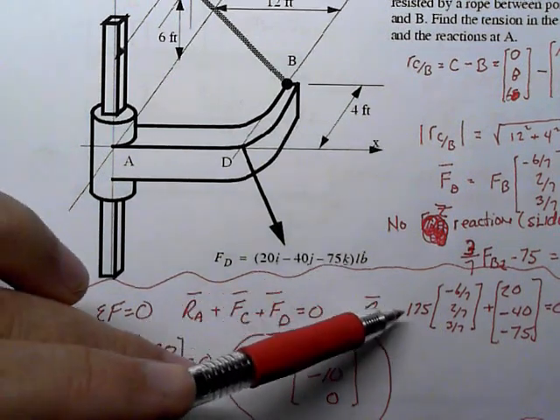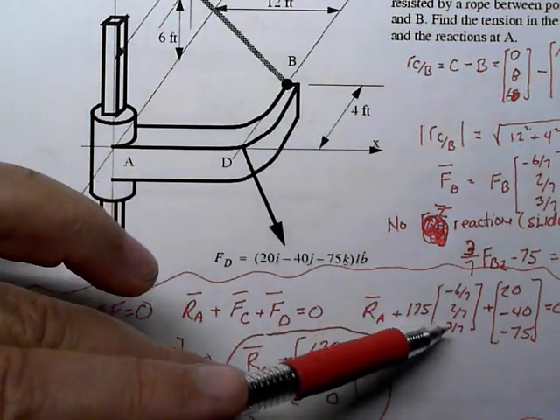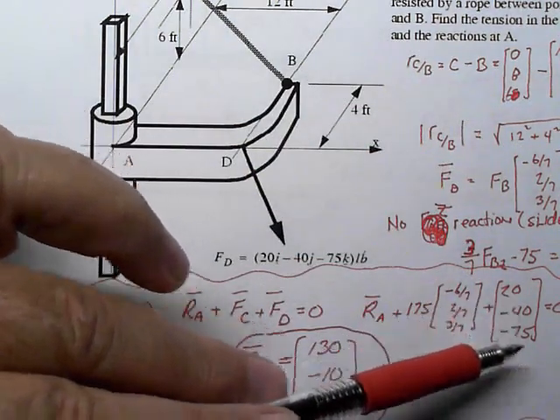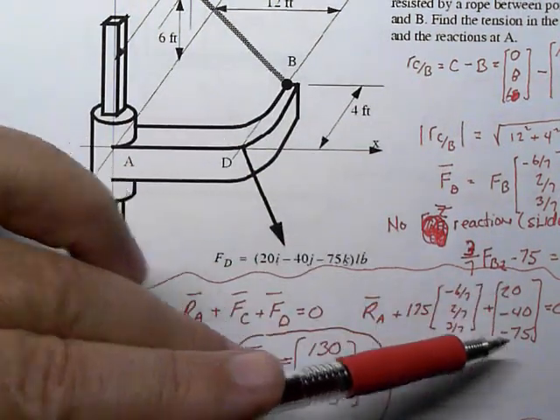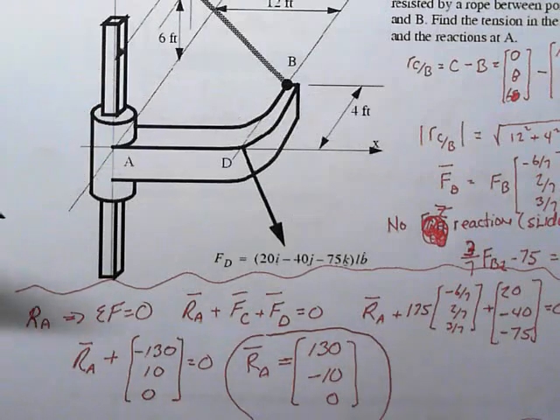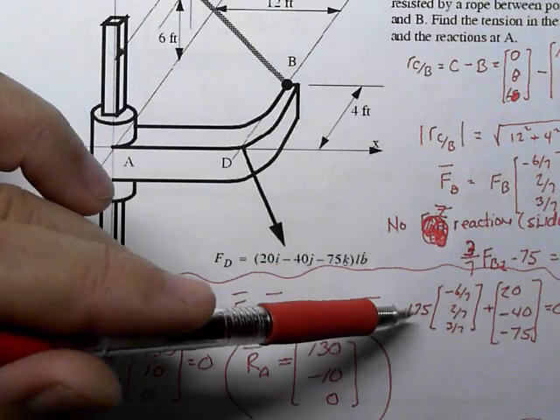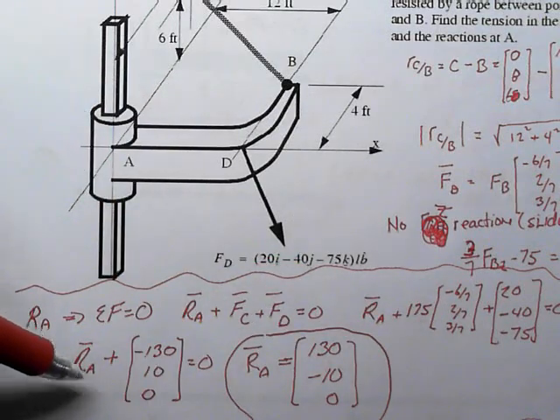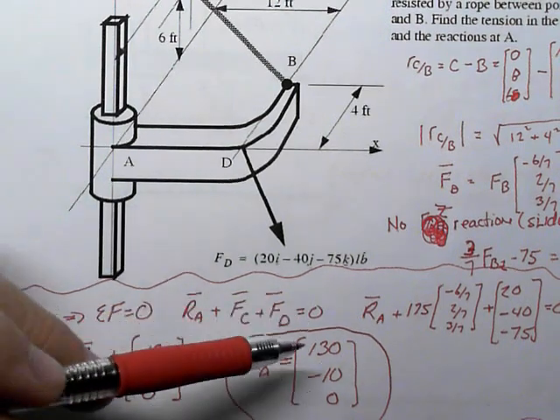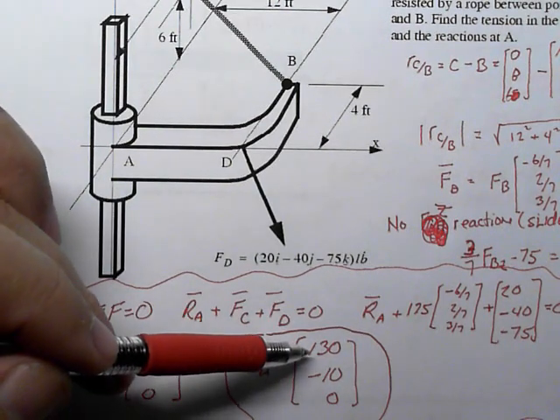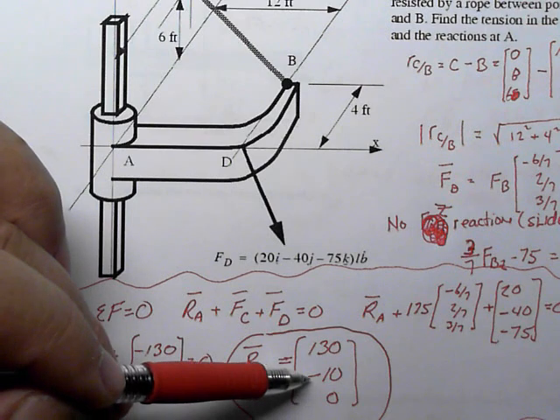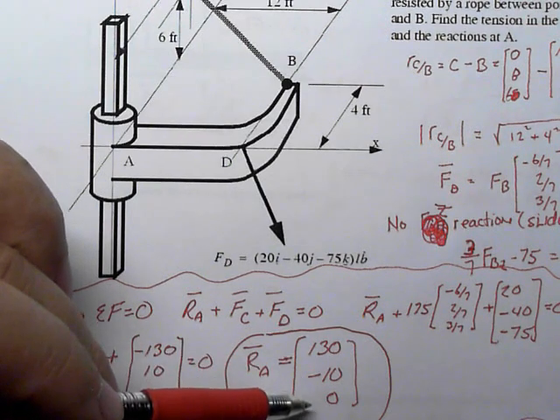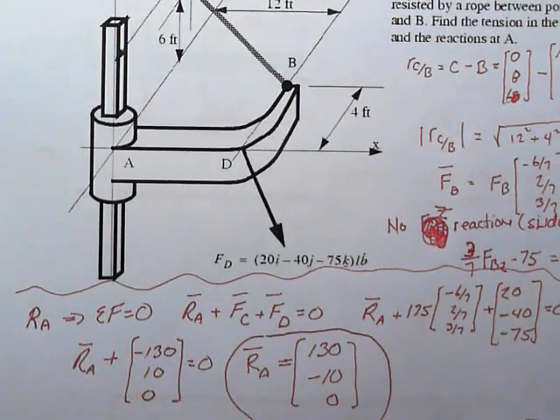So our force at C is the 175 times the unit vector, and the forces given in the problem statement for the forces at D, and we sum those and solve for the unknown RA, and we get that the unknown RA is 130 in the X, minus 10 in the Y, and 0 in the Z, as we expected. If we didn't get a 0 there, we would know that we did something wrong earlier.